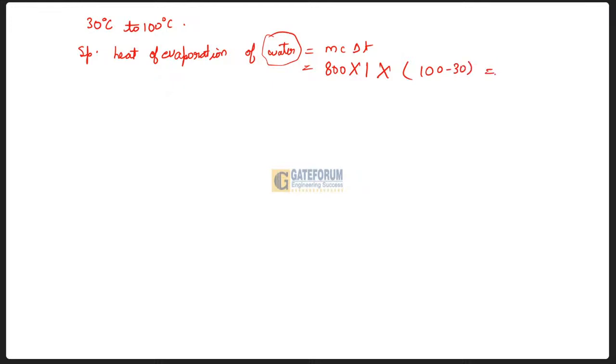If you calculate, 800 into 70 is 56,000 calorie. Converting calorie into kilocalorie, that is 56 kilocalorie.